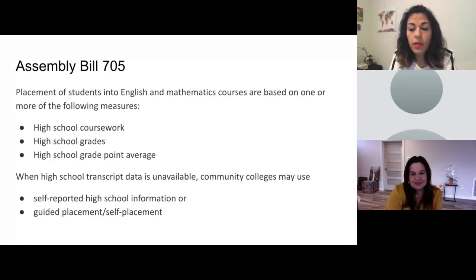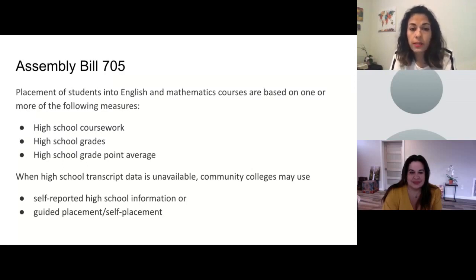Research showed that students who are tested for placement, especially minority students, are placed in remedial courses when they could actually be successful in transfer level courses. And that remedial courses held them back, added to their cost of education, and affected retention.